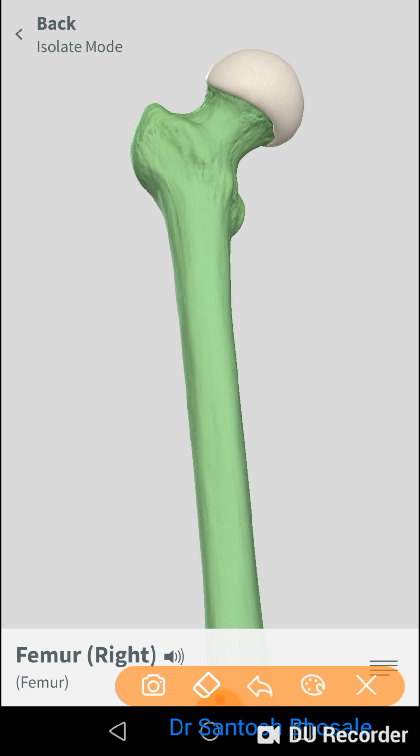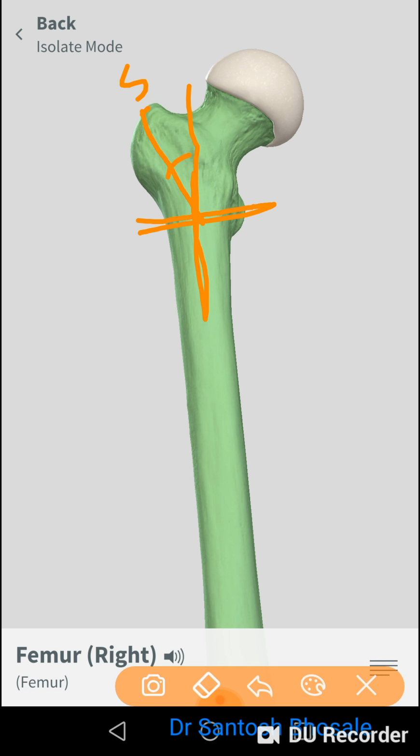You should draw a horizontal line at the base of the lesser trochanter, then a midline passing through the middle of the shaft of the femur, then a line joining the highest point of greater trochanter to this line.